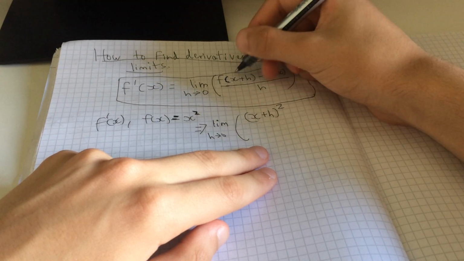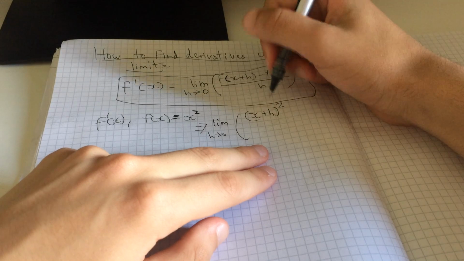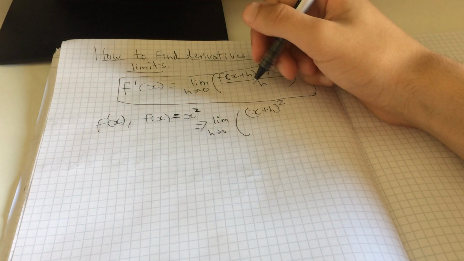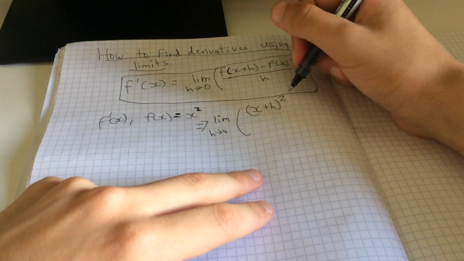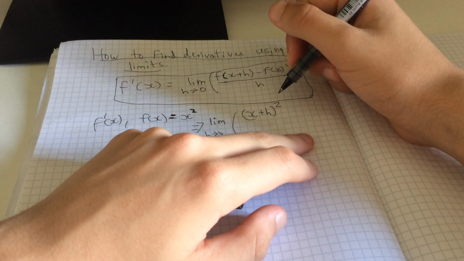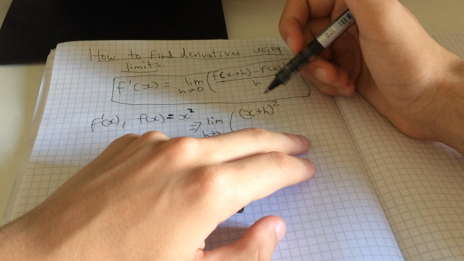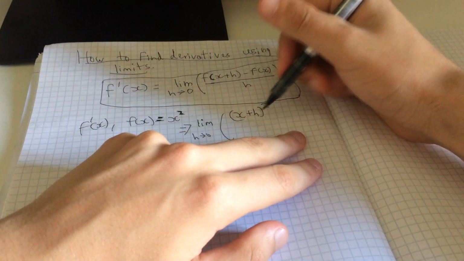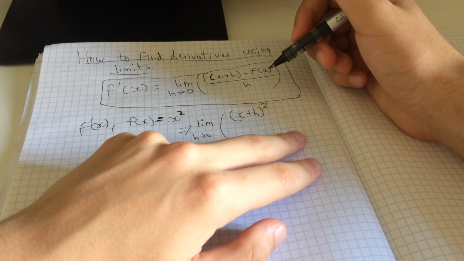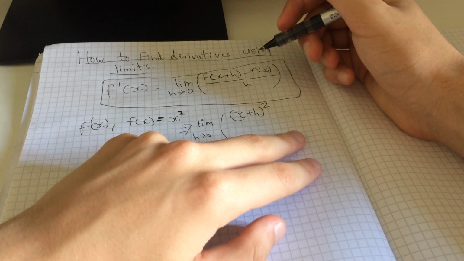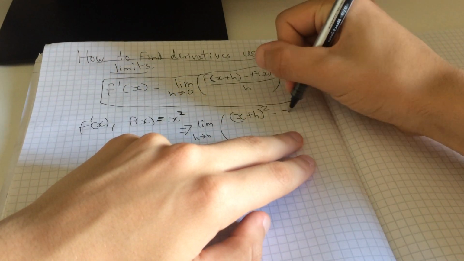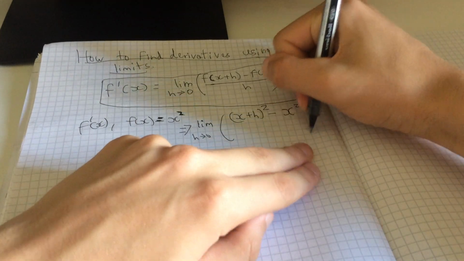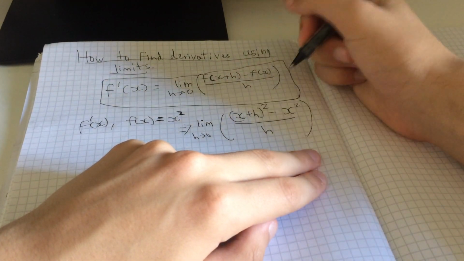The parameter here is x plus h, so we want the same kind of thing, but with all of this squared, because our function is x squared. The input is now x plus h, so we do that squared. Then we subtract the function itself, which is just x squared, divided by h.